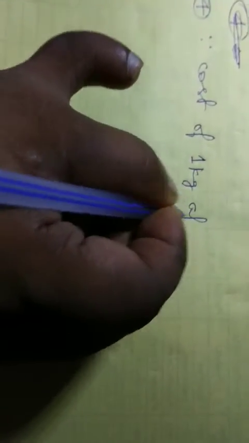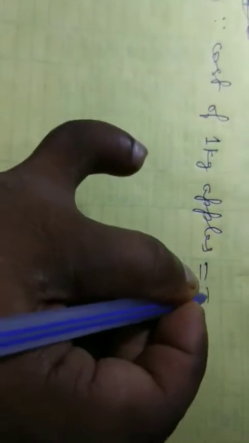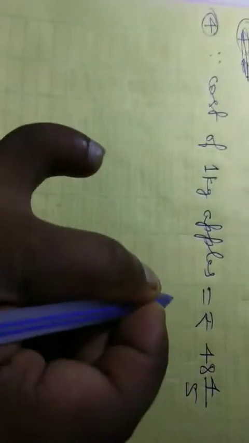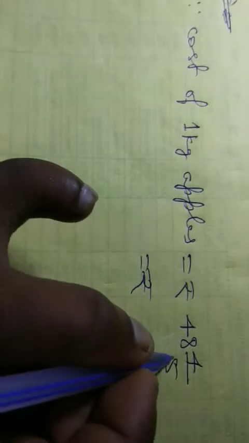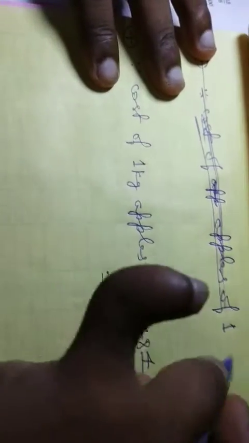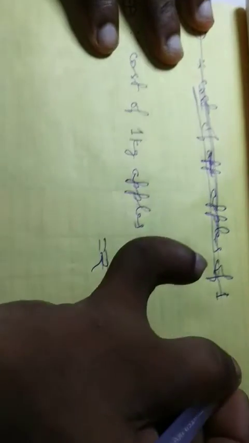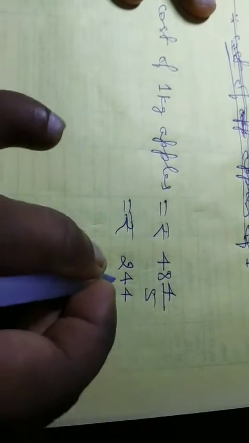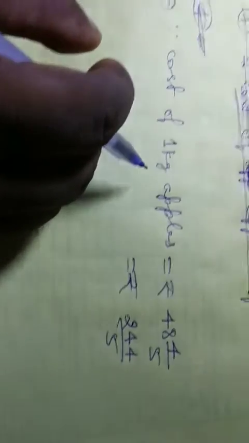Since the cost of 1 kilogram of apples is equal to rupees 48 whole 4 by 5: 5 times 48 is 240, plus 4 is 244 by 5.